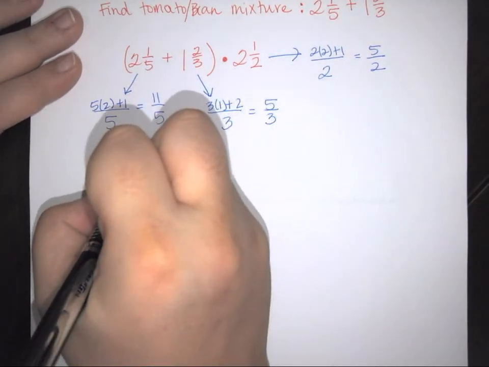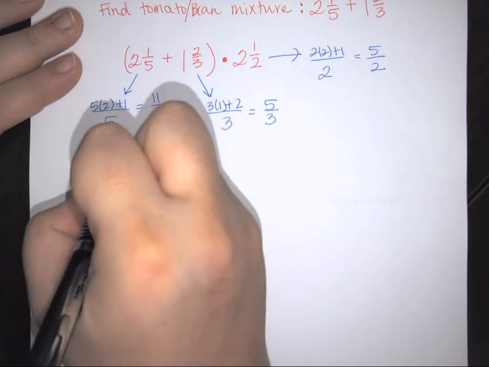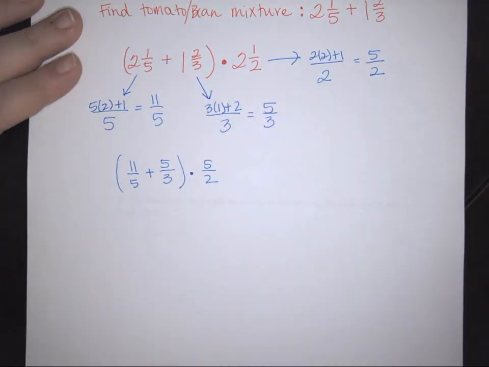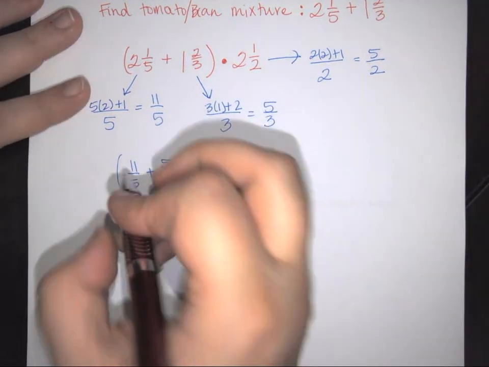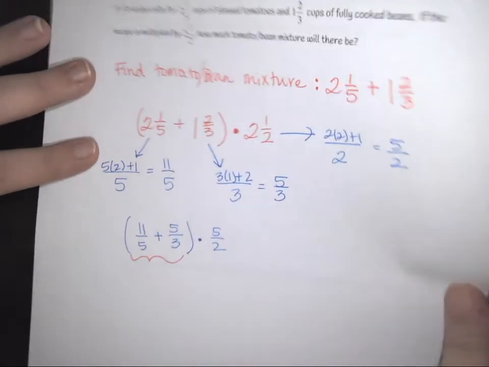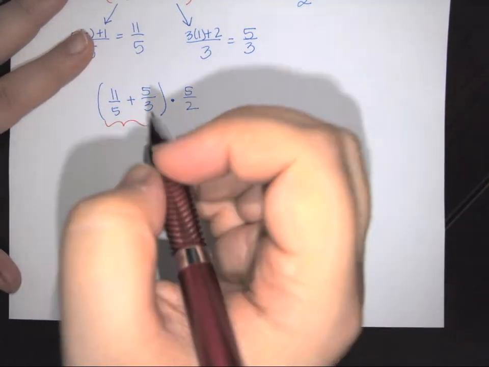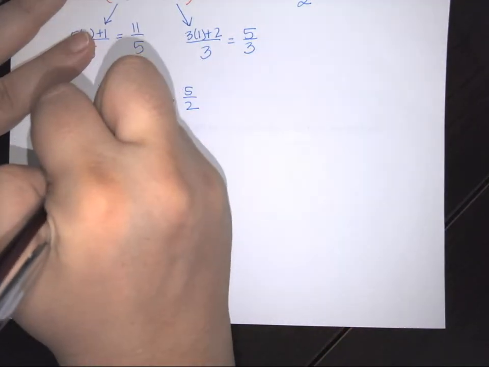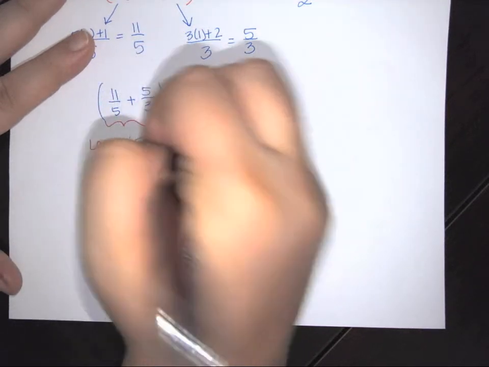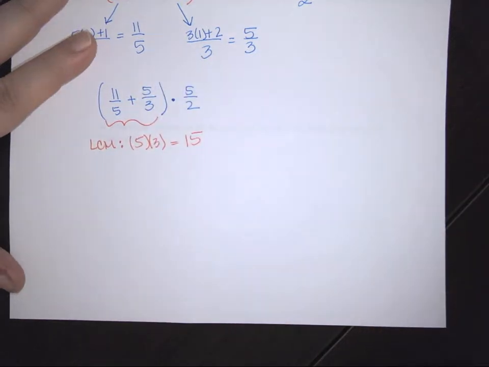So I have to rewrite my problem using the information I have. This is 11/5 plus 5/3, times 5/2. Now, order of operations dictates I have to do my parentheses first. So here I'm looking at 11/5 plus 5/3. My least common multiple here is going to be 5 times 3, because both 5 and 3 are prime, so that gives me 15.